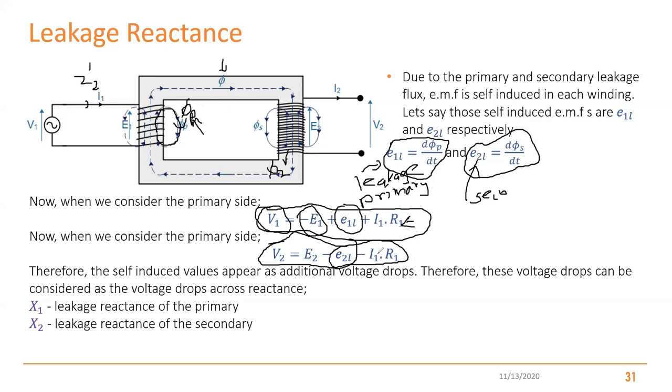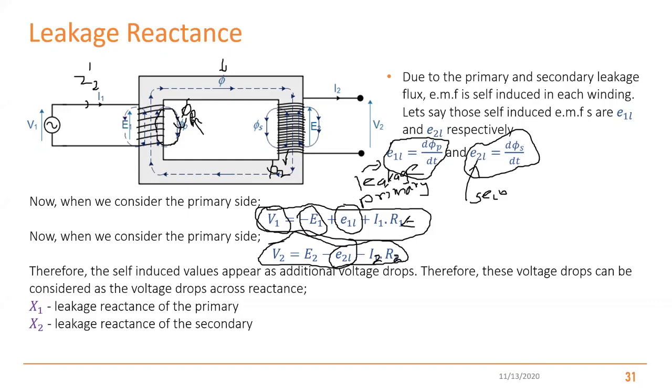If you apply the Lenz law, I think this one should be I2 and R2. So there is some mistake there, you can change it and understand it. Since it is an induced voltage, we can represent the induced voltages usually by a coil. Coil means some reactances.